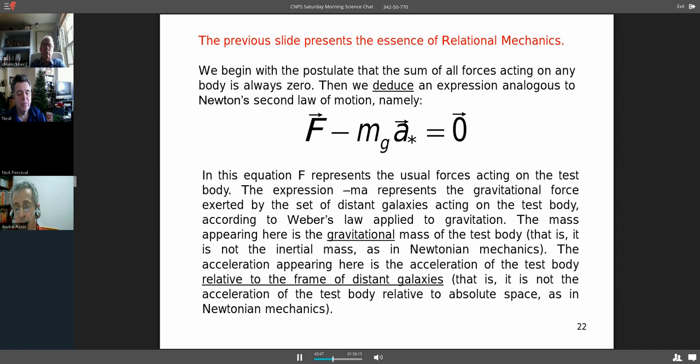That is, it is not the acceleration of the test body relative to absolute space, as in Newtonian mechanics. So the previous slide is the essence. The whole relational mechanics is presented in the previous slide. Later on, if you wish, go back and try to understand the essence of relational mechanics.